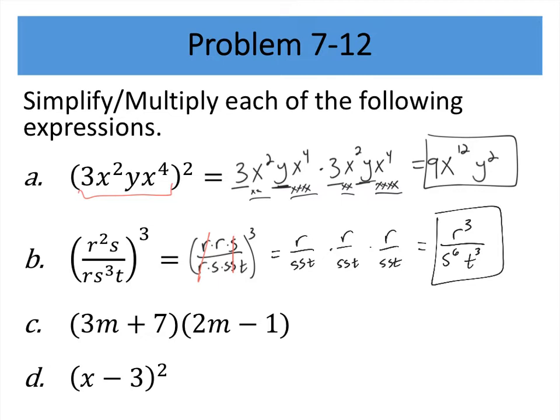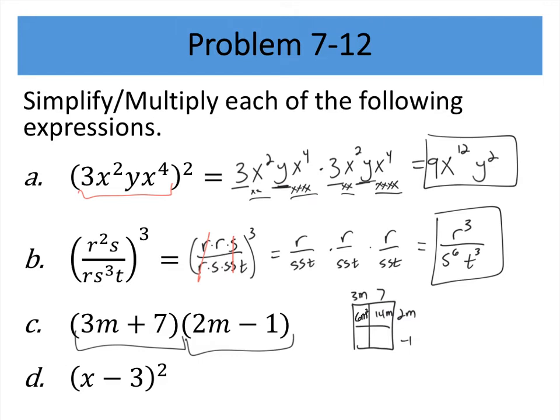These last two are actually just reminders of polynomial multiplication, and so this is just coming back to this times this. I have to multiply each part, and this is just the rectangle problem, so 3m plus 7 and 2m minus 1. We've got 6m squared.